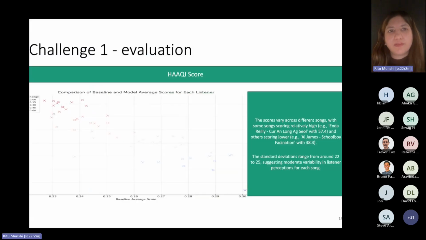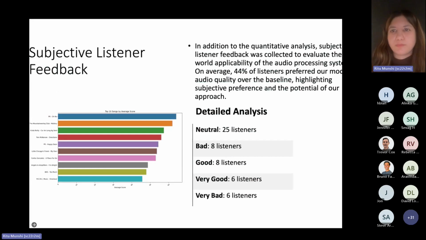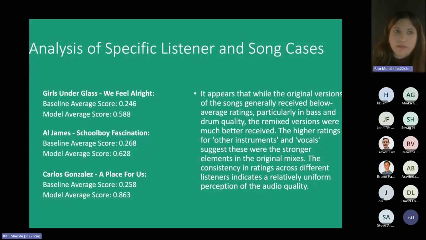After that, we got into the HAAQI score. We saw that our scores are varying across the different songs; in some it was lower, in some it was higher, but overall the users preferred our audio quality, as the marks declared. If you go into specific scenes, in some remixed versions our volume is below the average.